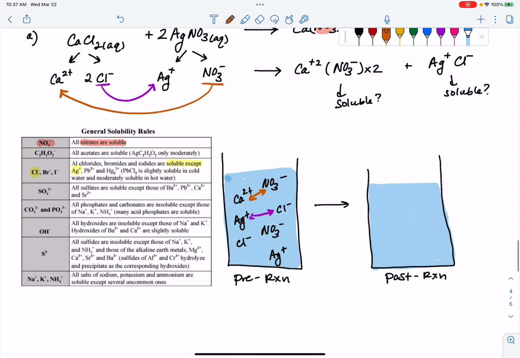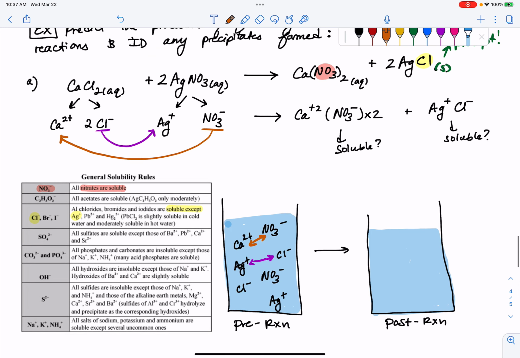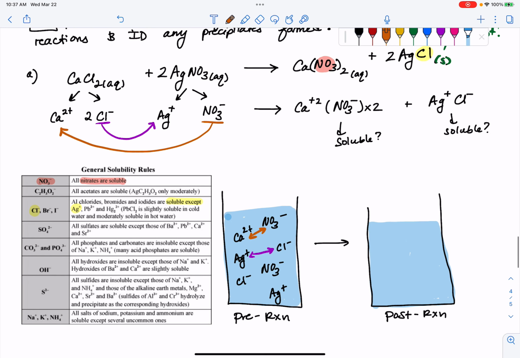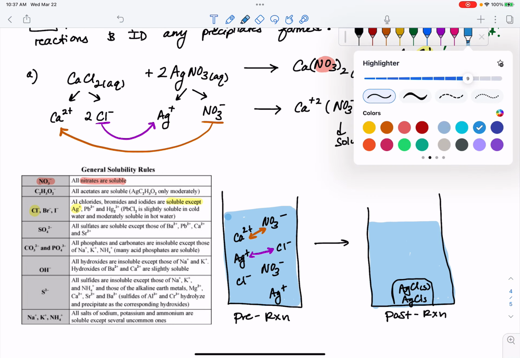Those all mean the same things. And we found using our solubility rules that we actually form silver chloride, which is a solid. So I'm going to write AgCl solid, and I make 2 of them. So I would actually see some kind of solid forming.